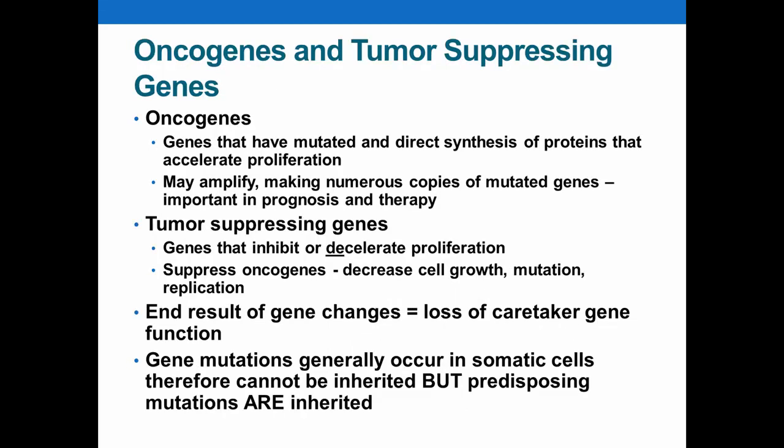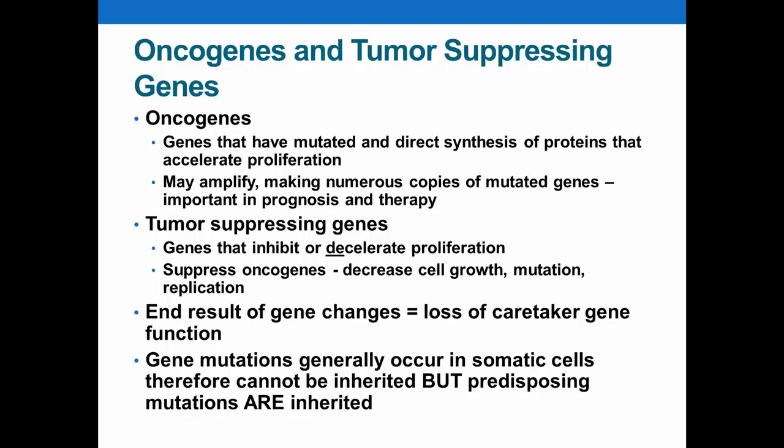Oncogenes then are genes that have mutated, and because they have mutated, they now direct the synthesis of proteins that accelerate their proliferation. The idea here is that some mutations drive the cell to become a cancer.